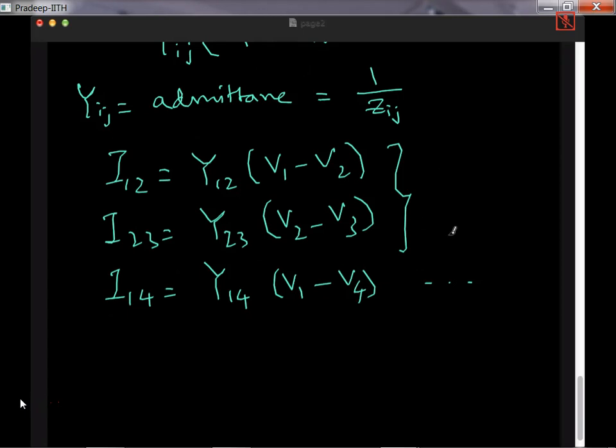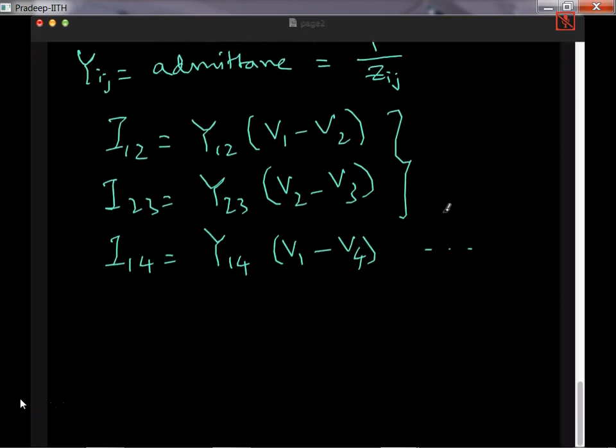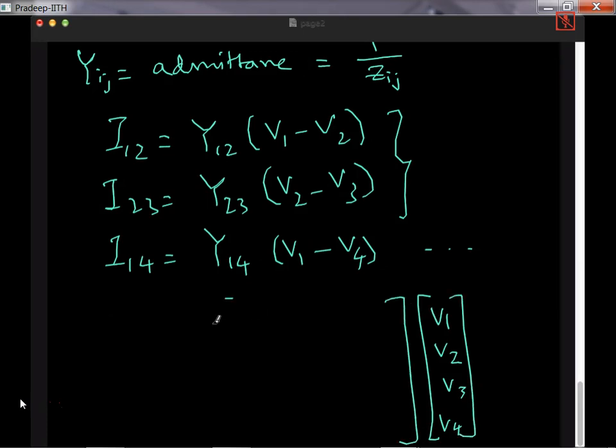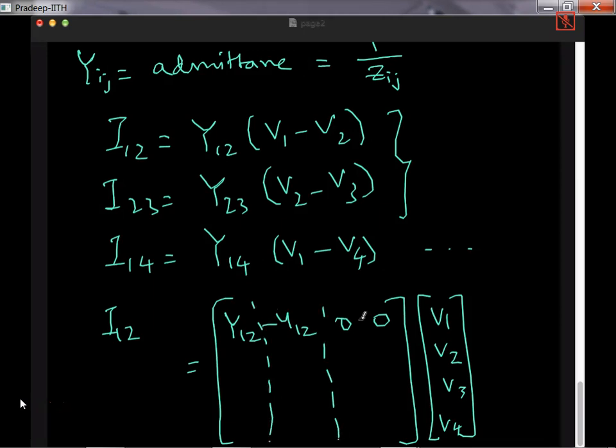So now I can also write these currents in this form. So if I make a vector like this, V1, V2, V3, V4, and then here if I want to write what is I12, so Y12, minus Y12, 0, 0. Okay, this is like this.